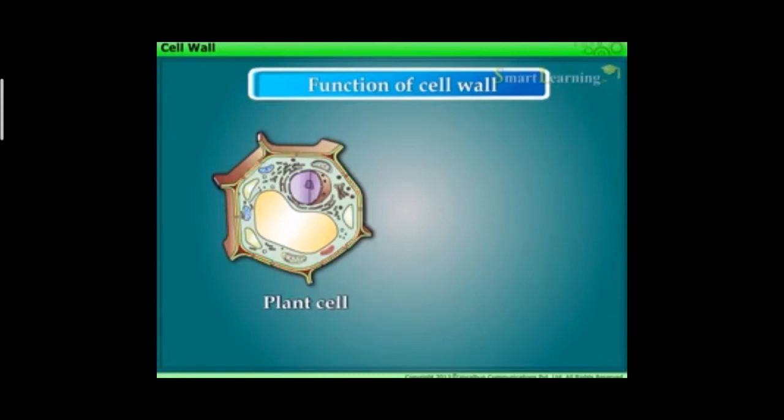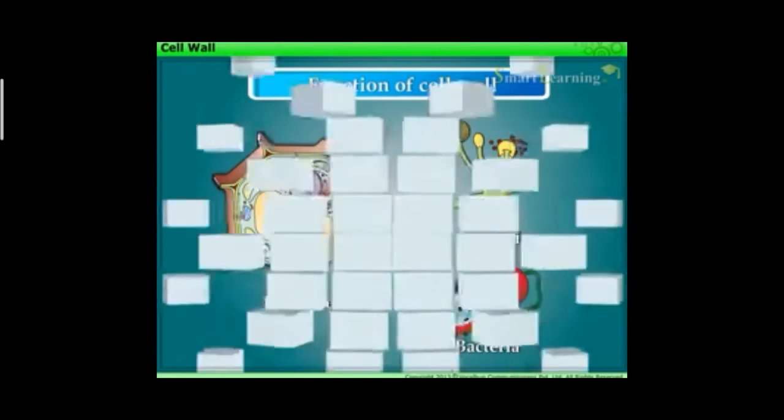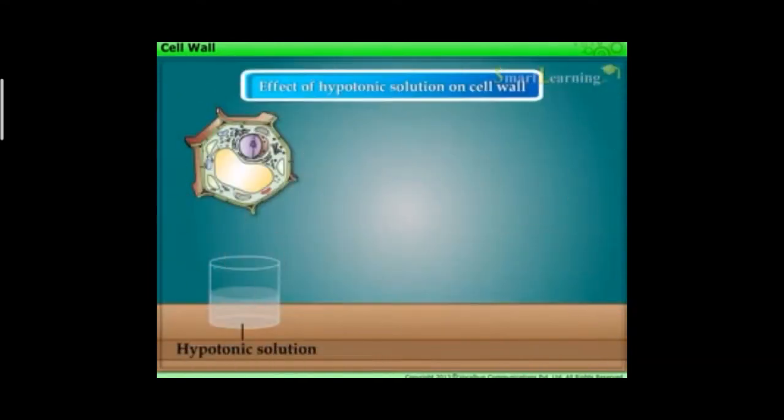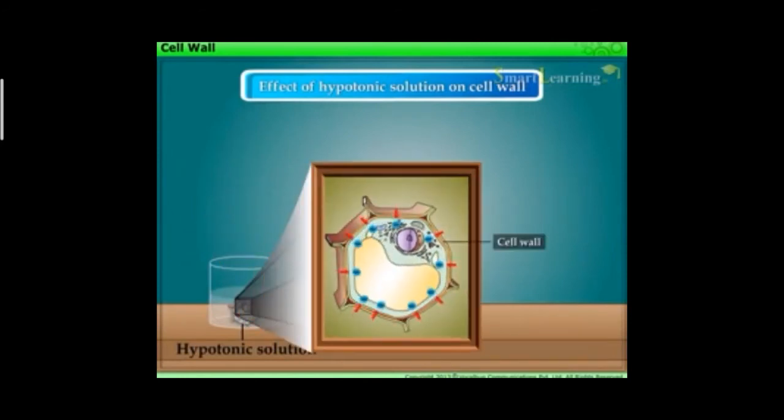Cell wall permits the cells of plants, fungi and bacteria to withstand very dilute hypotonic solution without bursting. In such media, the cells will gain water by osmosis. The cell swells, building up pressure against the cell wall.